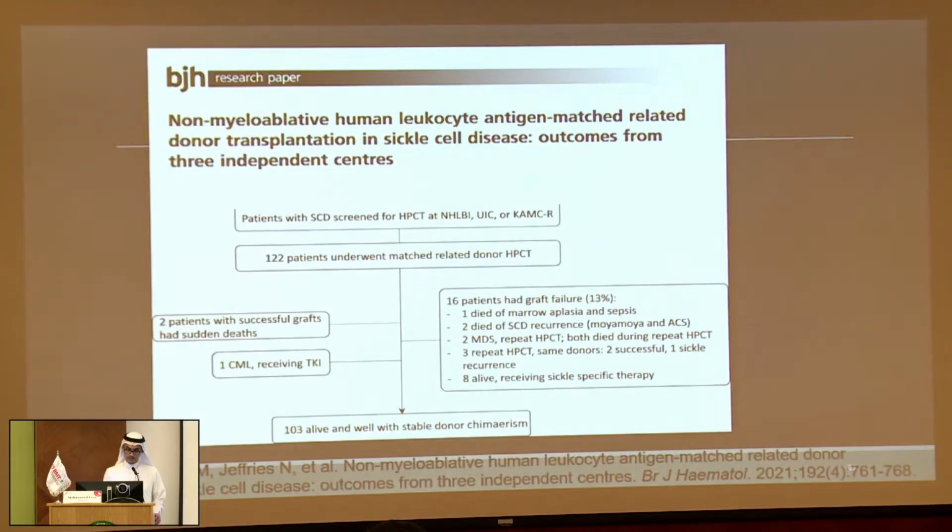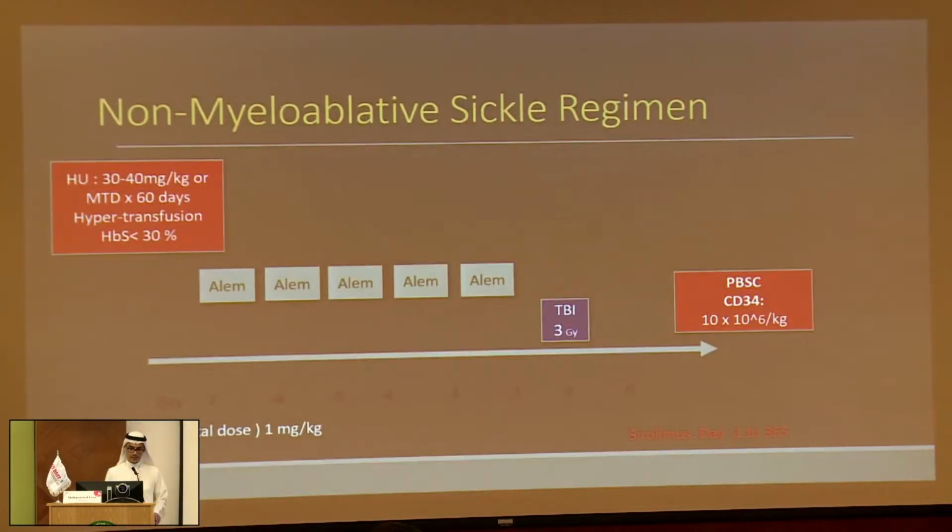On the other end, our colleagues in the adult have published, initially in collaboration with the NIH group and later on with our own data here, starting from 100 patients to almost 300 patients now, using the alemtuzumab TBI regimen with sirolimus as an immunosuppressant.